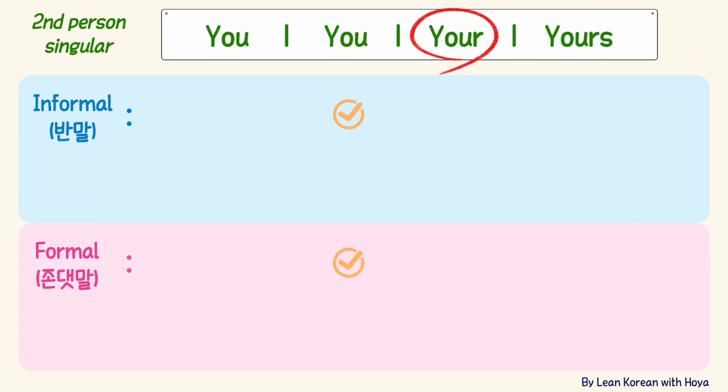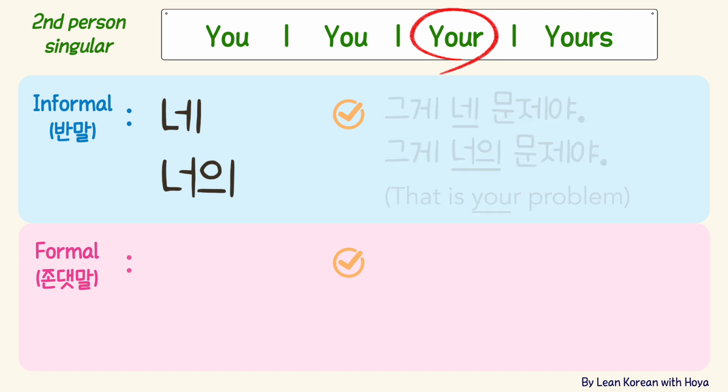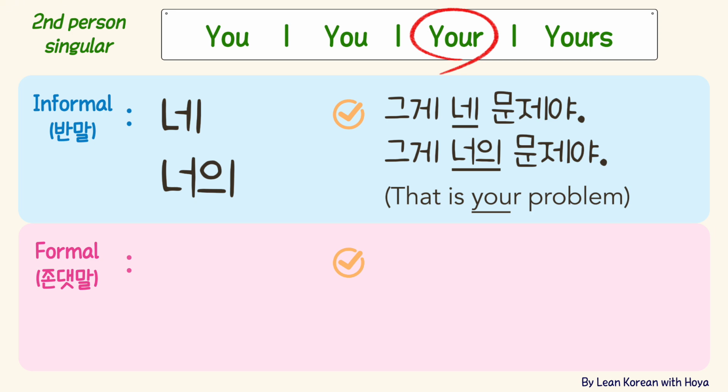The next one is your. For informal speech, we use 내 or 너의. Although the proper pronunciation for these two words are 내 and 너의, many Koreans say 네 or 너의. That is your problem. 그게 네 문제야.